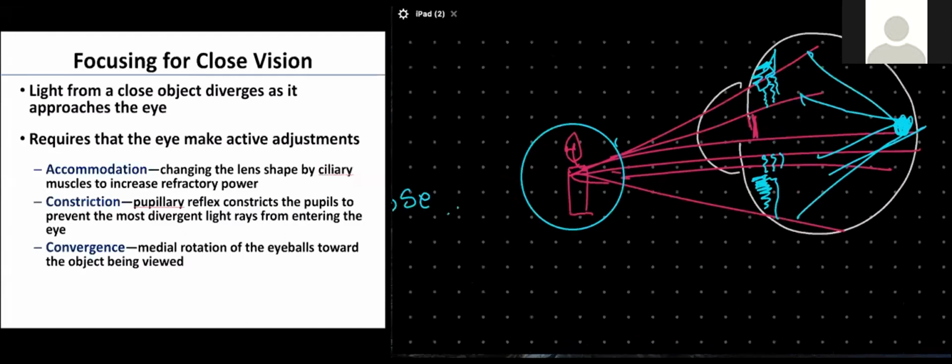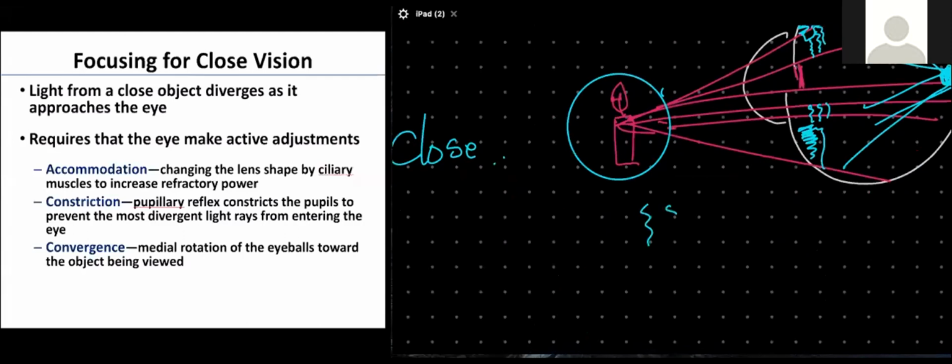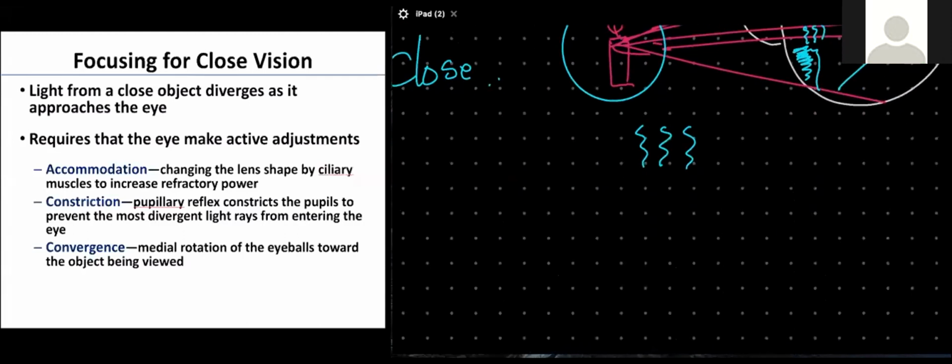And when I relax those suspensory ligaments, the lens is going to become more convex.